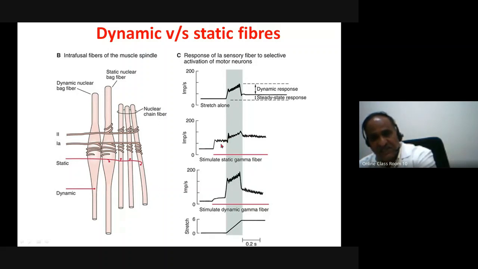When there is a stretch, they will reach, but not as much. They reach to an extent, and then they sustain at a higher new level. That is the static activity. Now, when the dynamic gamma fiber is activated, the first part does not increase much, but in the second part, the dynamic is stimulated.